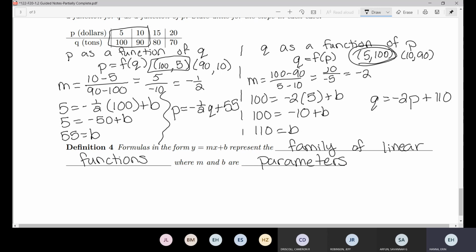So if you hear the word parameters in a question, it's just talking about the m and b values. All right, that's 1-2. We're going to start 1-3 before your quiz. I'll leave that up for another 5 seconds.